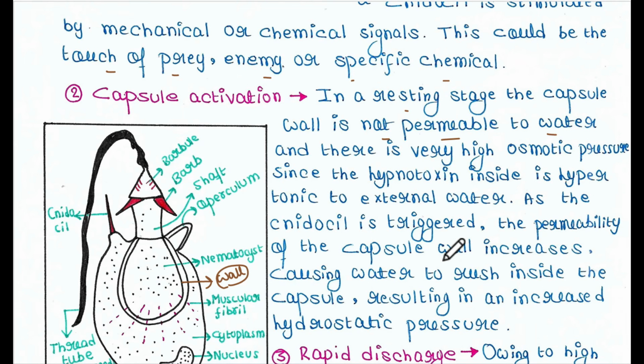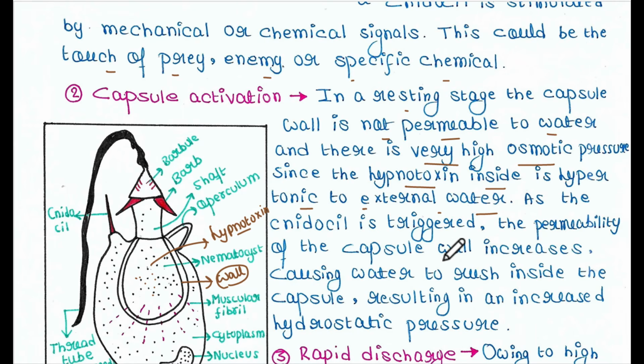And there is a very high osmotic pressure since the hypnotoxin inside is hypertonic to external water. So inside this capsule, there is a chemical, the hypnotoxin, and that chemical is basically hypertonic. So what is hypertonic?